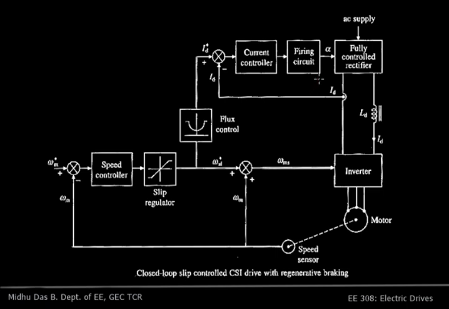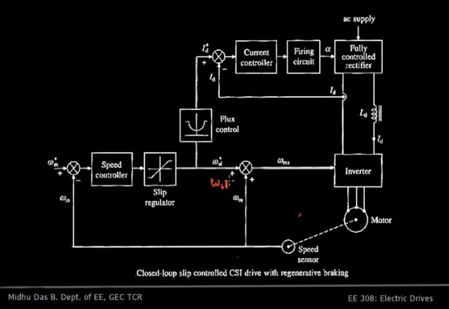So here the actual speed is sensed here, omega m, and it is compared with the reference speed. So if the reference speed commands a change in the speed of the operation of the motor, then the speed controller will process the error, which is this PI controller, and the slip regulator will set up the slip speed command.